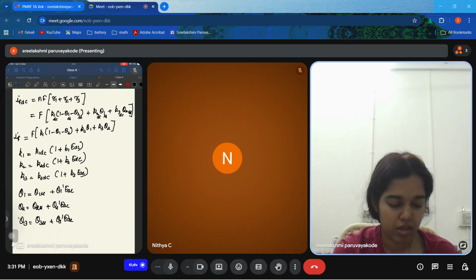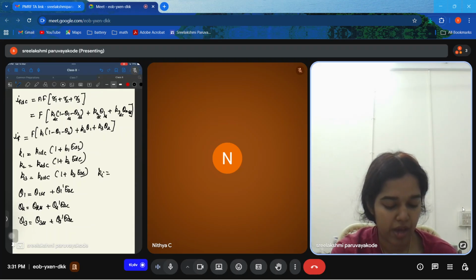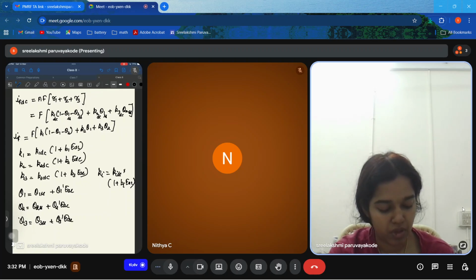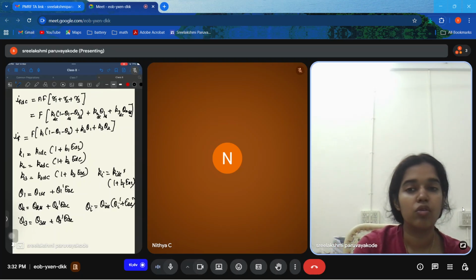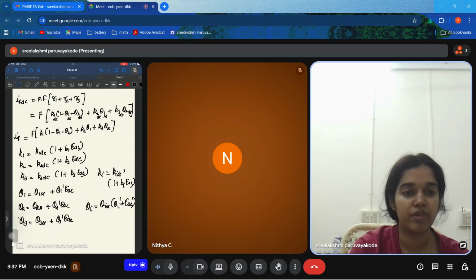So this is like the formula you have to learn by heart. K for any value Ki becomes Ki DC into 1 plus Vi EAC. For anything it becomes this. Same with theta i equal to theta i SS plus theta i dash EAC. The derivation we have already looked at in the first mechanism we have seen.